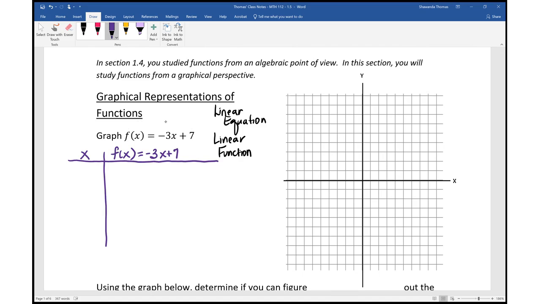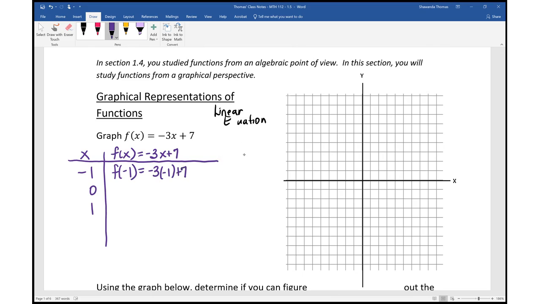Now we decide on numbers we want to plug in for x. So we want to plug in negative 1, 0, and 1. If we substitute the value of negative 1 for x, or replace x with negative 1, that sounds familiar, then this is also called evaluating a function.